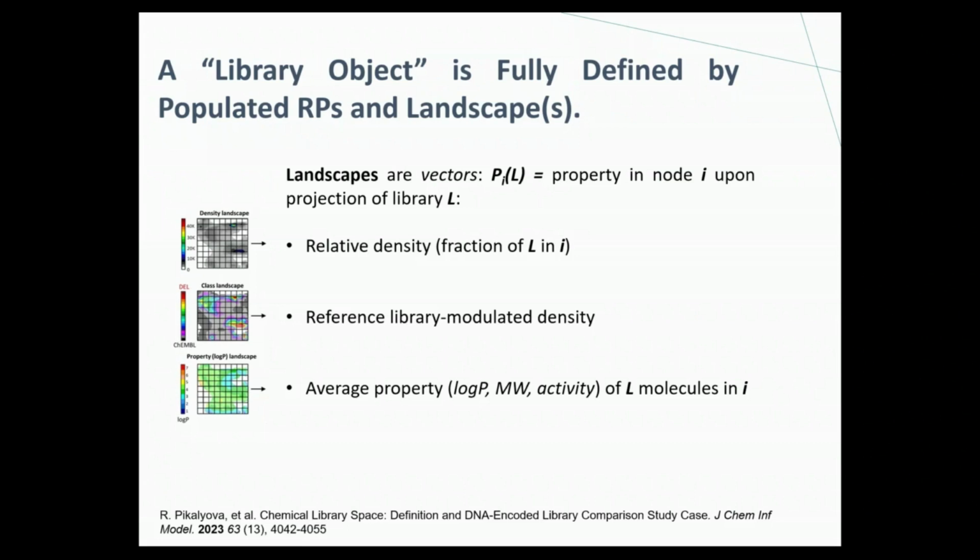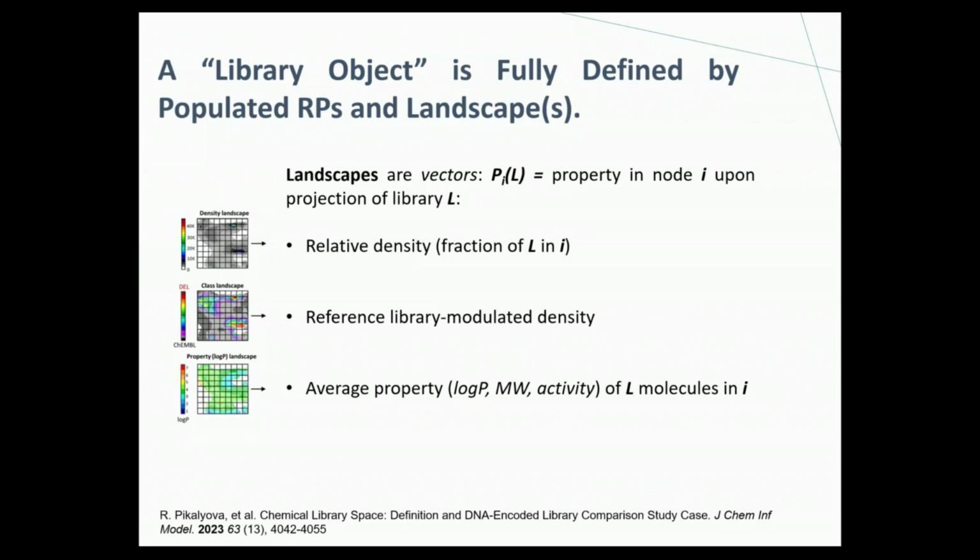And then you can have either density, the way I already showed, or relative density if you want to make it library size independent. Otherwise, of course, the higher the library, the higher the cumulative responsibility values. This makes sense. You could have this landscape modulated by a reference library.